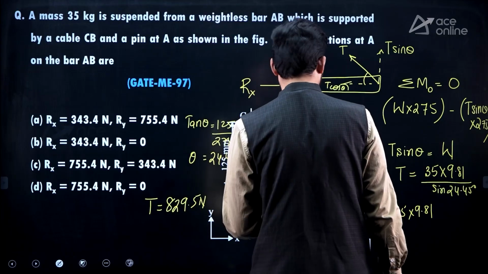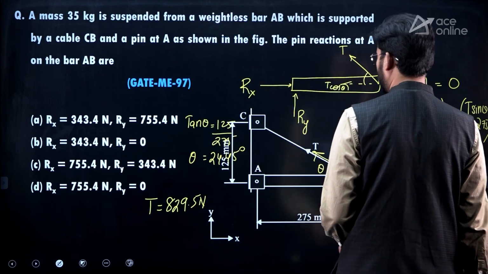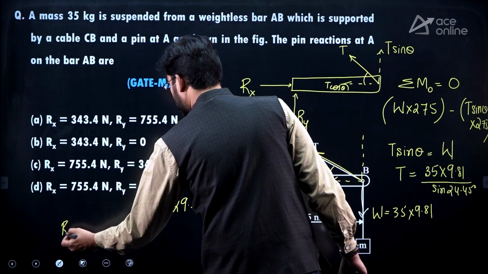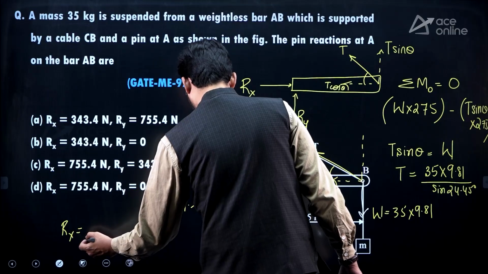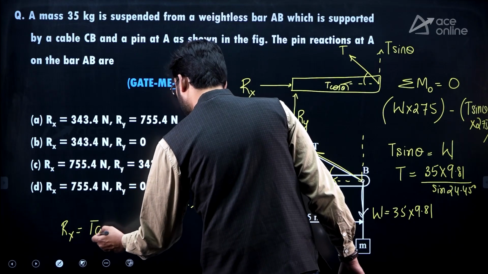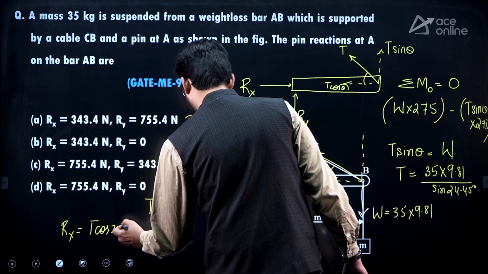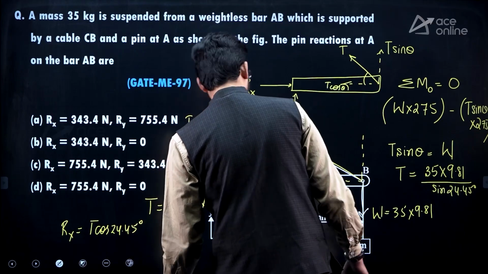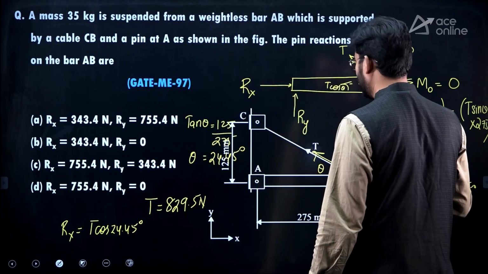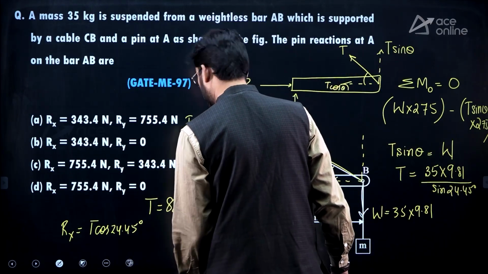And the reaction forces need to be calculated. Rx will be equal to T cosine of 24.45, and Ry will be 0, as T sine theta and weight will be cancelling out.